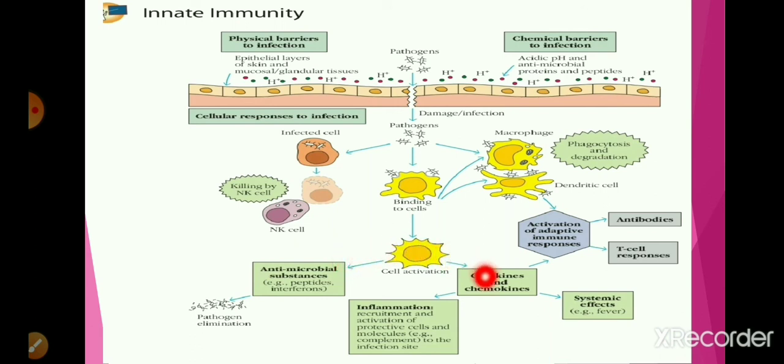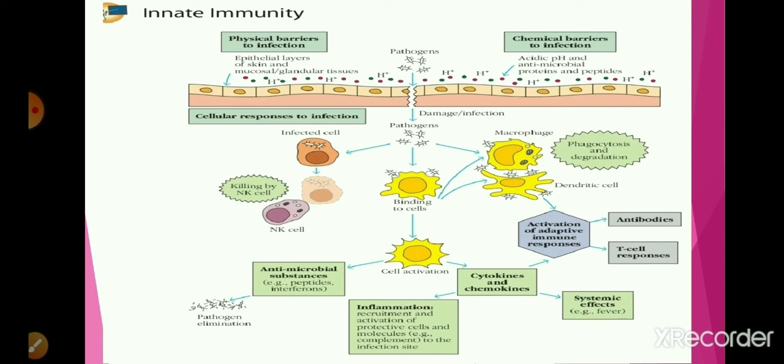These cytokines and chemokines are proteins that recruit cells, molecules and fluid to the site of infection, leading to swelling and other symptoms of inflammation. So inflammation is a type of response against the microorganism.